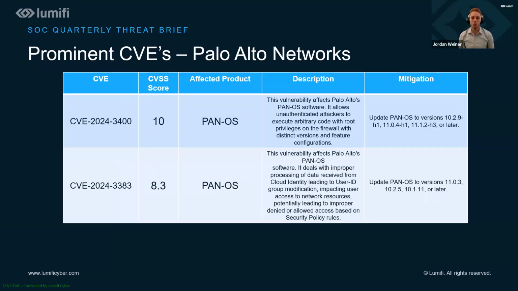Moving on to Palo Alto Networks, this was a huge one that I'm sure many of you on the call were affected by back in May. We are going to dive into this a bit more coming up soon, so I won't get into the details too much, but at a high level, it permitted unauthenticated attackers to execute arbitrary code with root privileges on the firewall.